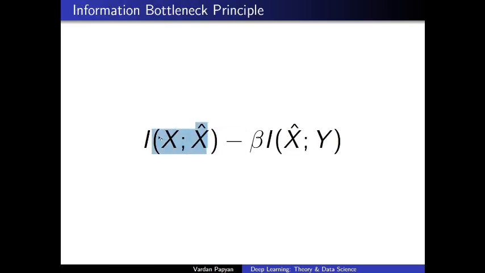We want to minimize the mutual information between x and x hat, where x hat is the representation of one of the hidden layers, and we want to maximize the mutual information between x hat and y. So we want to forget x and we want to learn y.